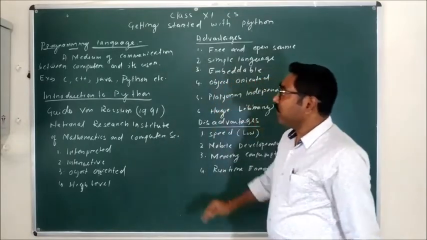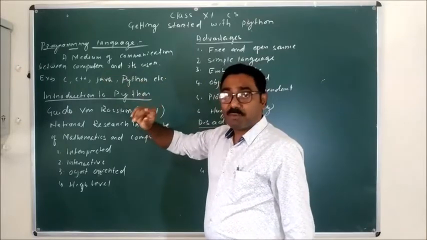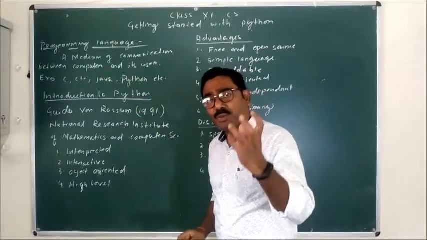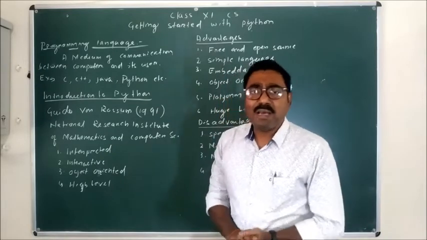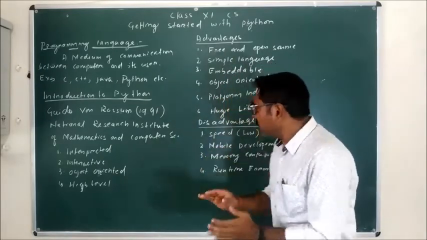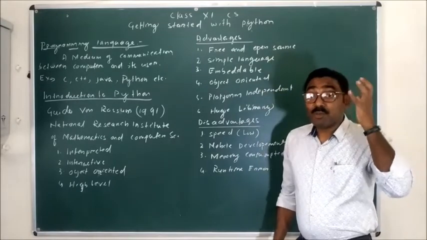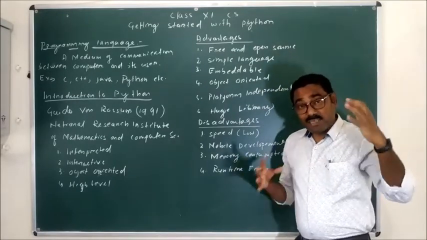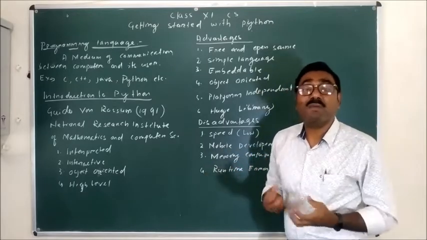So in programming languages like Java or C++, for storing 2 or 3 values we hardly need 2 or 3 bytes of memory space. But in Python, we may need 10 to 20 bytes of memory space. So when we are doing larger programs in Python, it consumes a huge amount of memory.